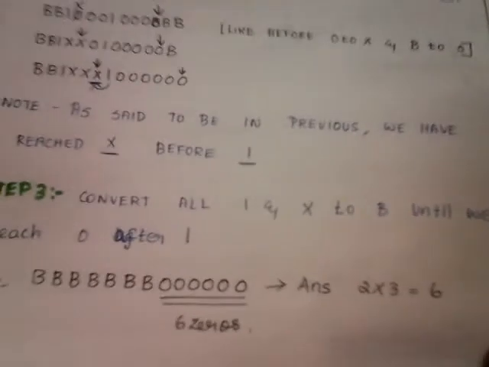We should not convert these zeros into b; we convert only up to the 1, not after that. So we finally get the answer, 6 zeros, that is 2 times 3 is 6, which we took as an example.